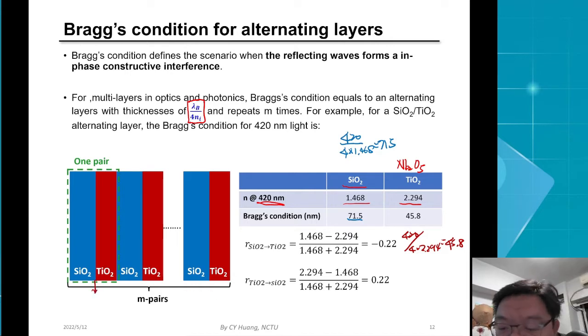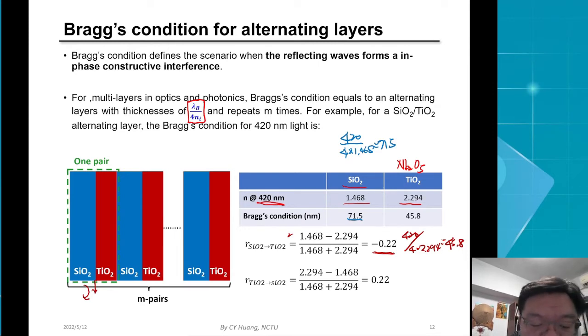All right, and the reflectivity at the interface between SiO2 and TiO2 has a certain value. According to the Fresnel equation, the reflectivity from SiO2 to TiO2 is around negative 0.22, a negative value.